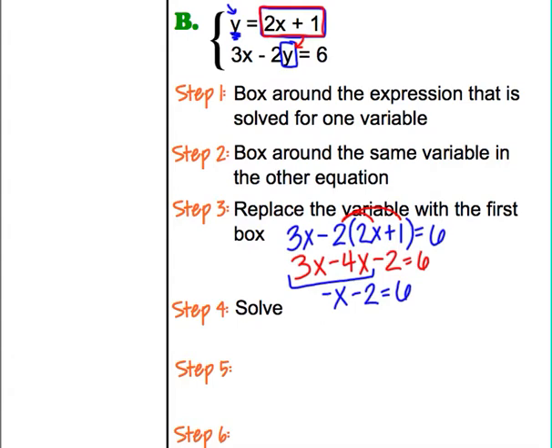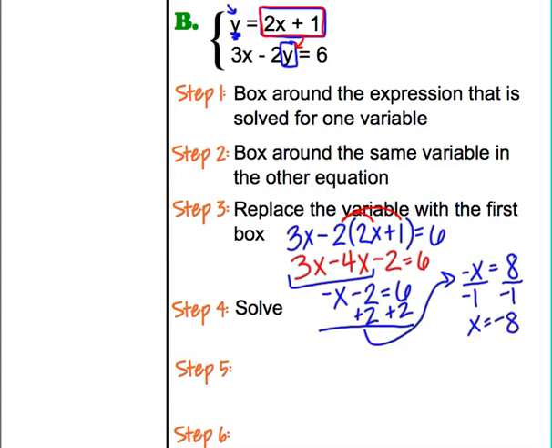Then I can add 2 to both sides to give us negative x equals 8. Then we divide by negative 1 on both sides to get x equals negative 8.